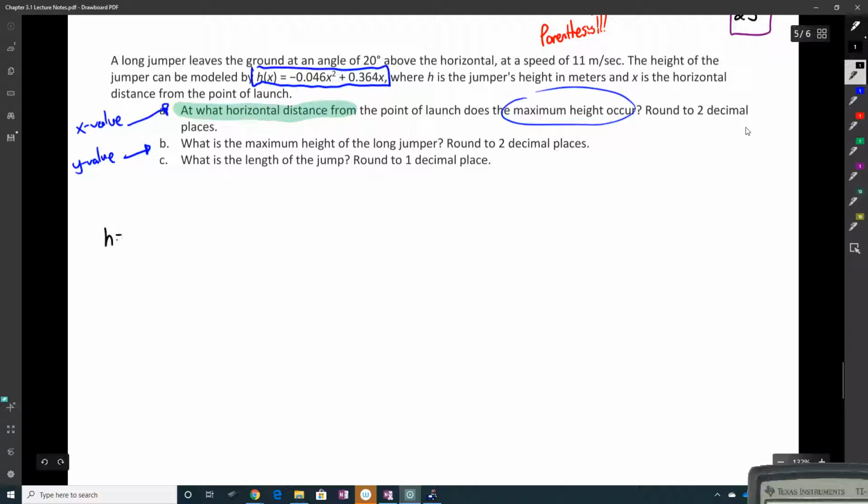So I know h is negative b, so negative 0.364 over 2a, and a is negative 0.046.